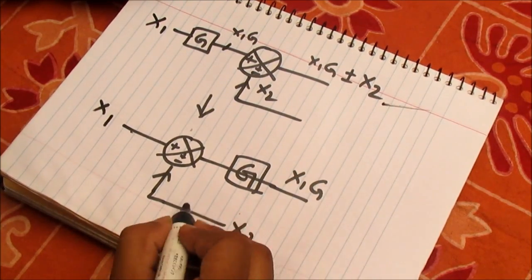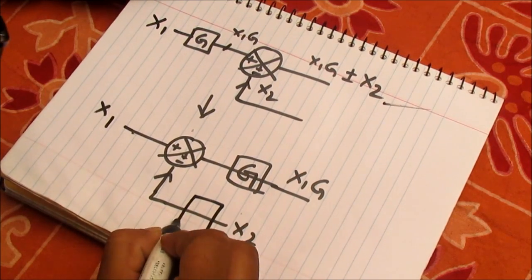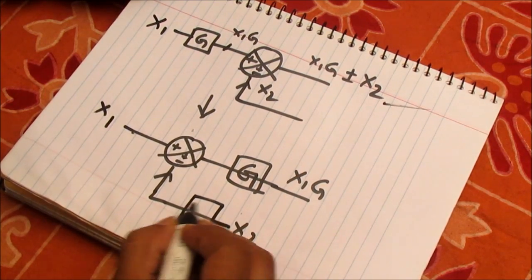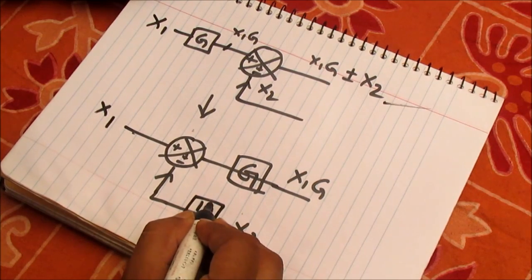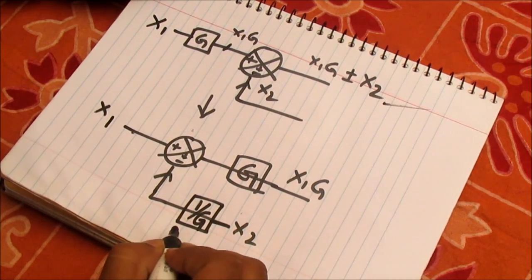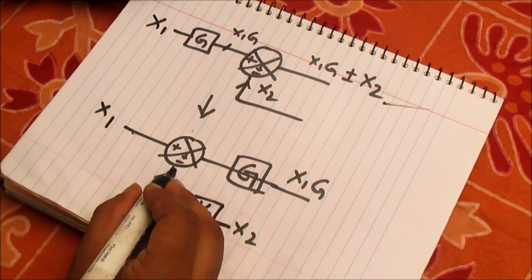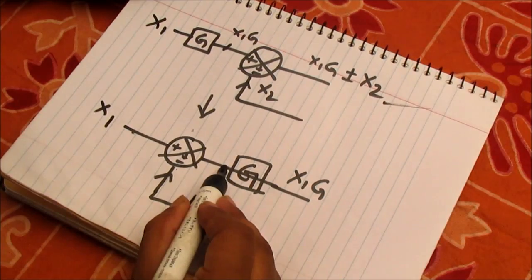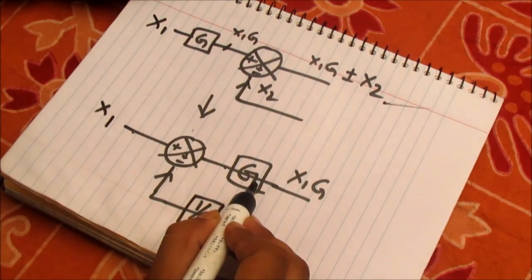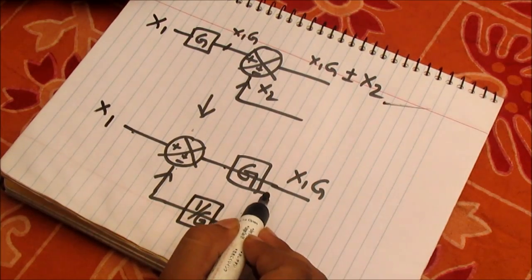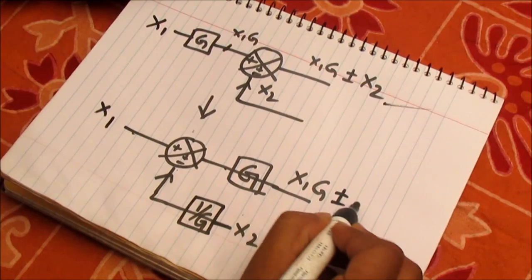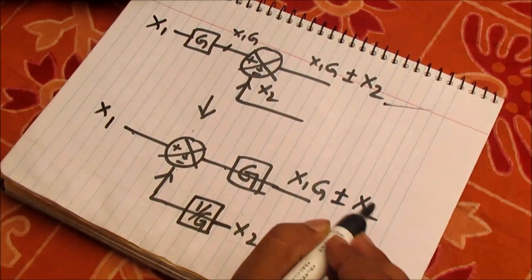So what I will do, I will place another block whose value will be 1 by g. So it will become x2 by g, and now after multiplying by this g factor it will become x2, and finally I will get here plus minus x2.